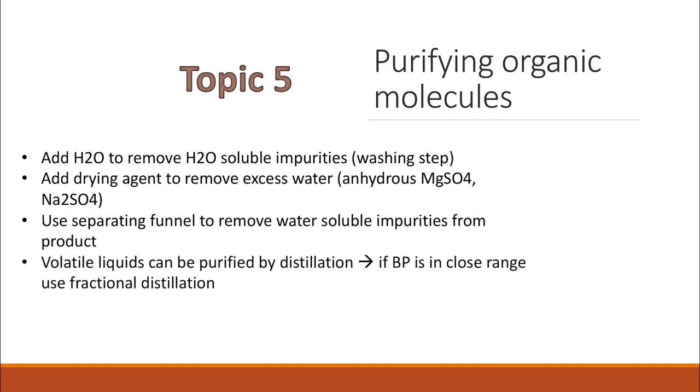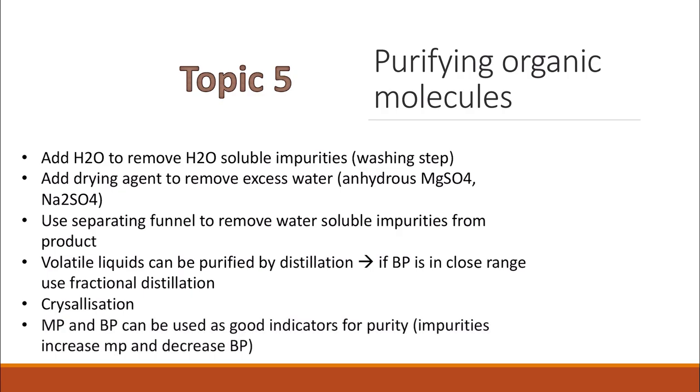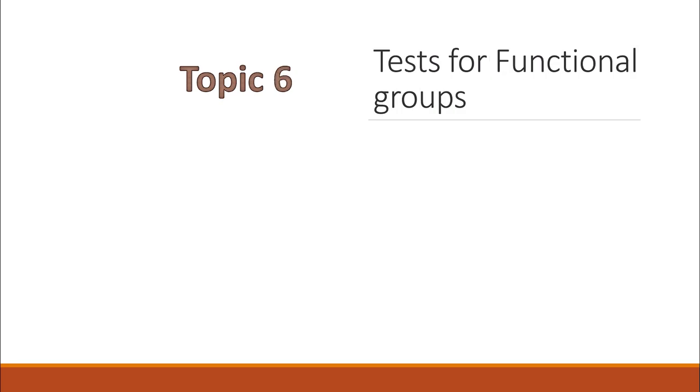Volatile liquids can be purified by distillation, and if the boiling points are in a close range, then we use fractional distillation rather than simple distillation. Crystallization can be used to purify solids, and melting points and boiling points can be used as a good indicator for purity, because impurities will increase the melting point and decrease the boiling point.